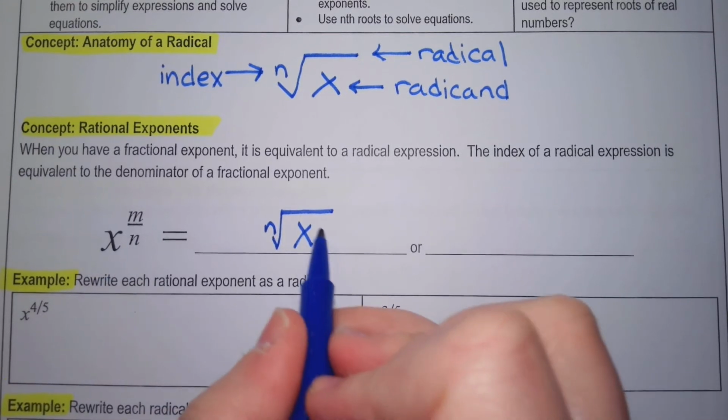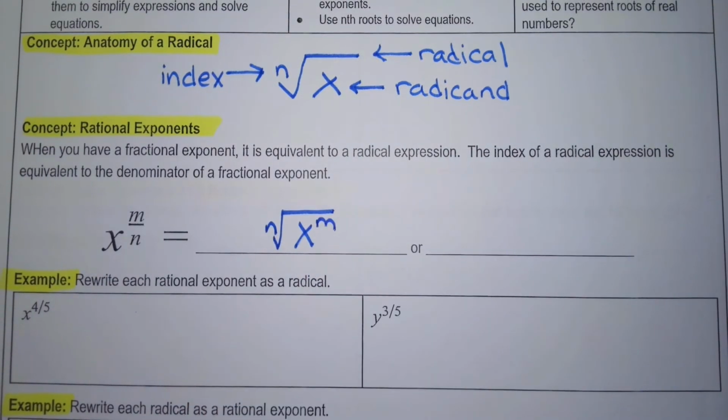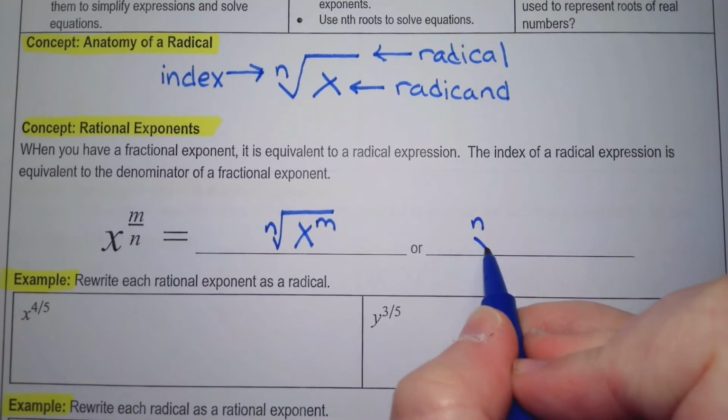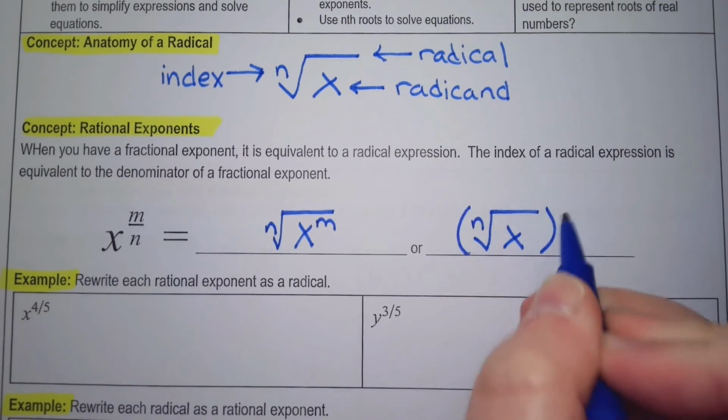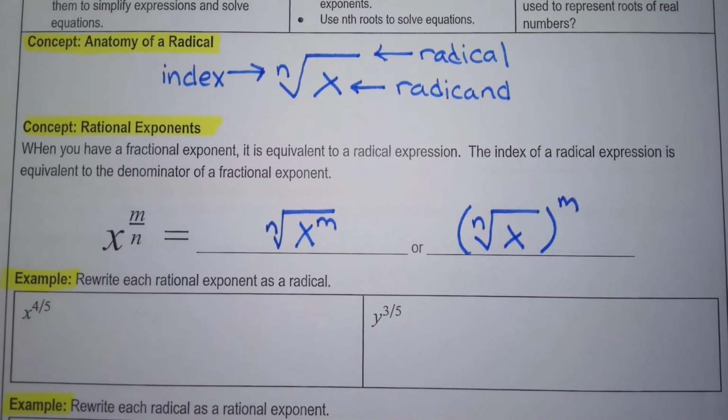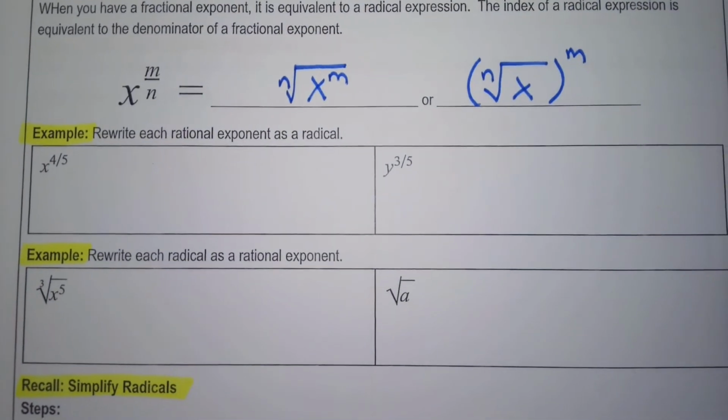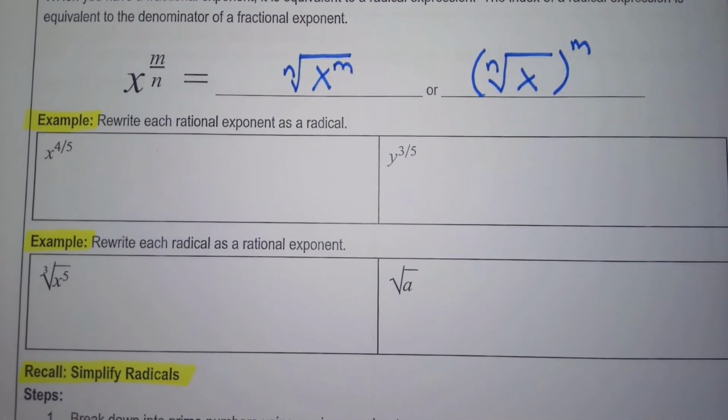It can stay with your base as an exponent, or, so n root x to the m, or we can put parentheses around the whole thing and attach it to the outside. Both of these are the same, and both of them are acceptable when you are rewriting a rational exponent as a radical. Speaking of, let's go over our first few examples.